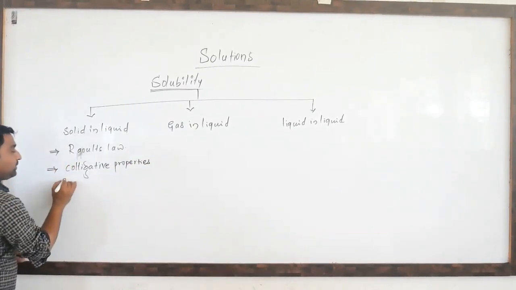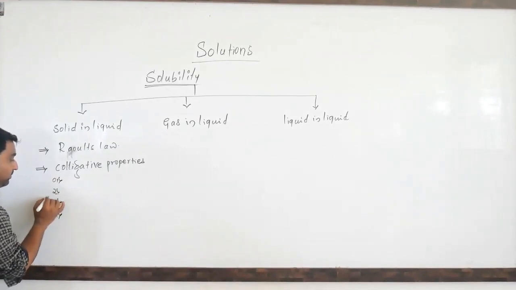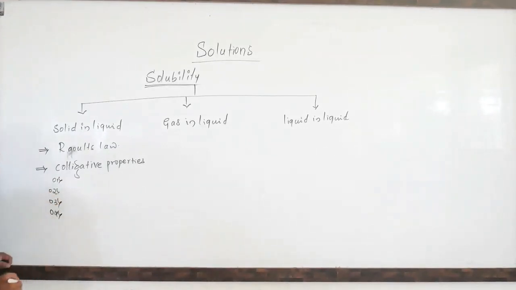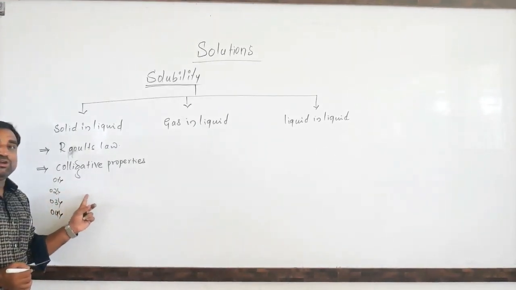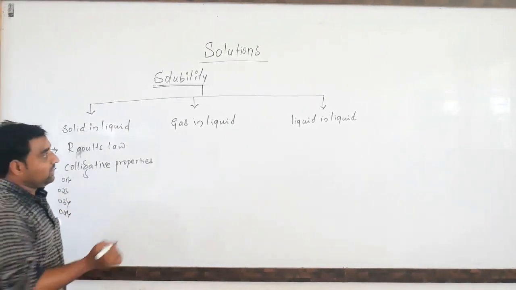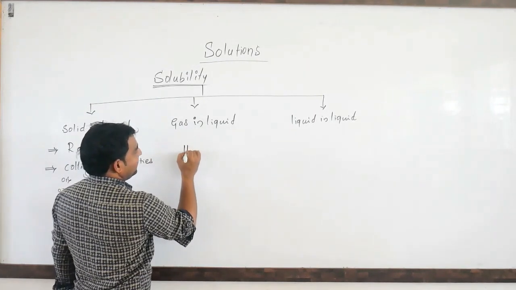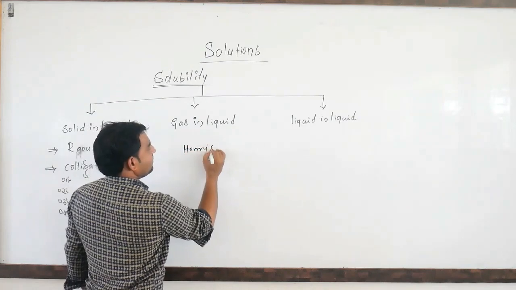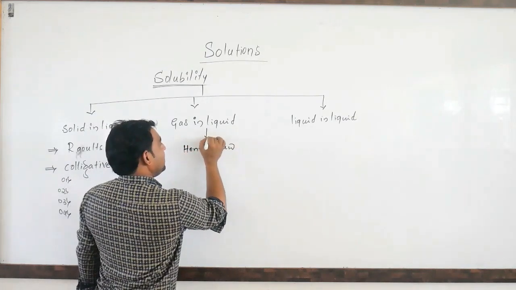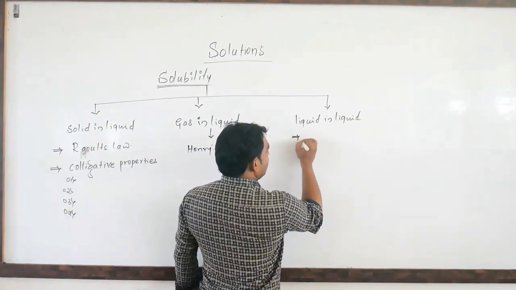There are 4 types of colligative properties: relative lowering of vapor pressure, elevation in boiling point, depression in freezing point, and osmotic pressure. Later we will discuss that one. Gas in liquid can be explained on the basis of Henry's law. And in liquid in liquid, here also Raoult's law will come.